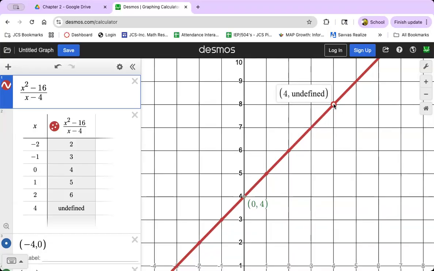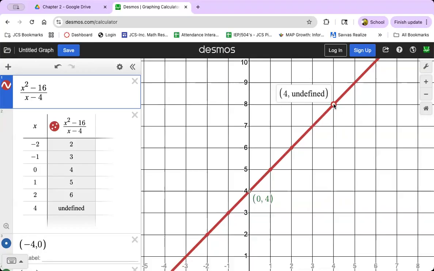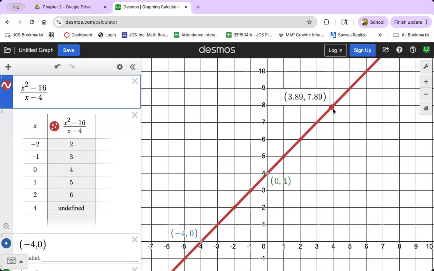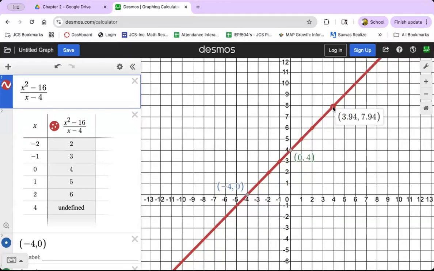So you actually have to put an open circle at 4, comma 0, because the original equation has a domain restriction of x cannot equal 4, but we can use the simplified version, y equals x plus 4, to graph it instead of using the original equation. Does that make sense? You guys have any questions?